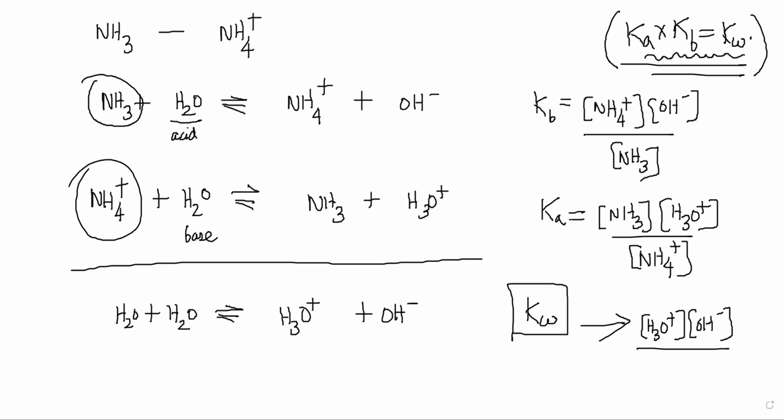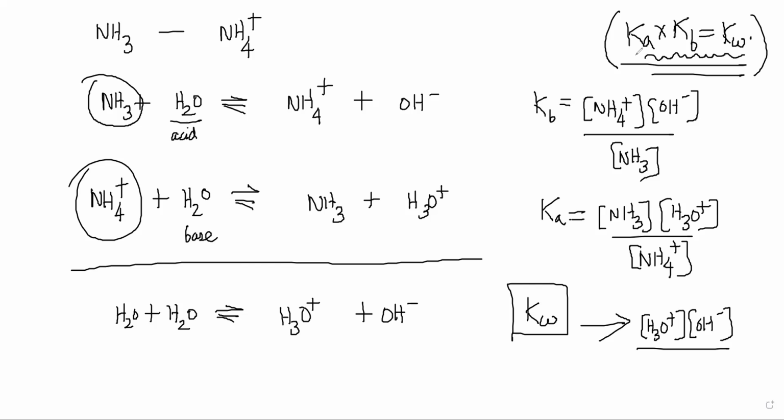Notice here that NH4+ will react with water to give NH3 and H3O+. That was because it is the conjugate of a weak base, so it was a strong enough acid on its own.